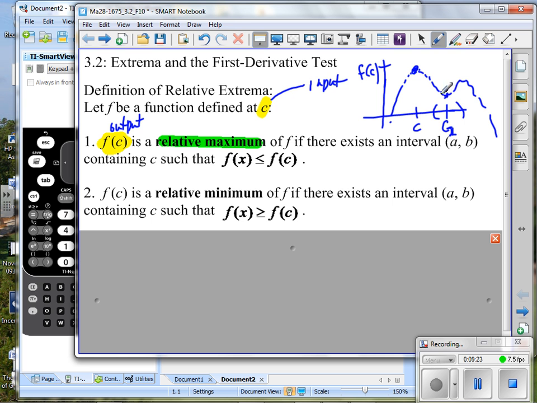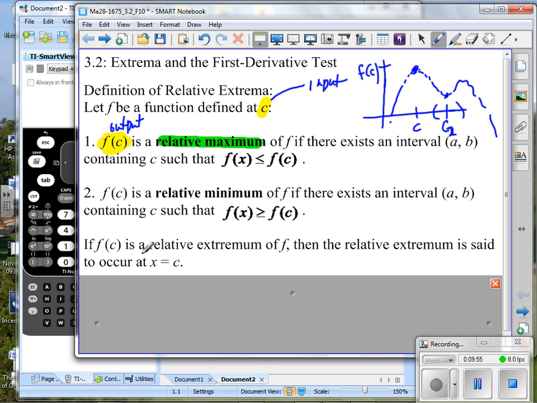In the old days, back in my Calc 1 days, we had to do a lot of epsilon and delta work. In other words, if there was an input value within an epsilon neighborhood of delta or whatever, it was one of those things that I memorized and never really understood until much later on. But it's just saying that anywhere close by, that's all they had to say. Anywhere close by to this, that output value is less than any other output value nearby.